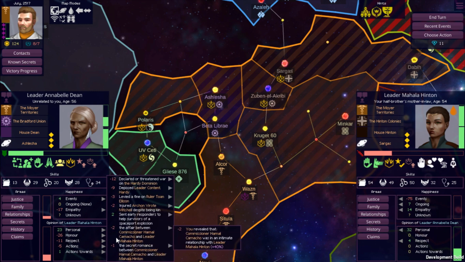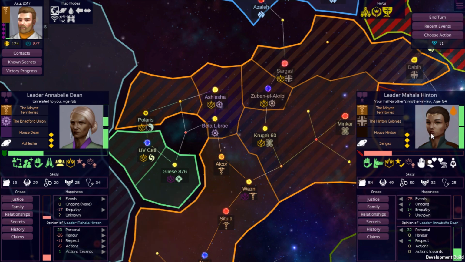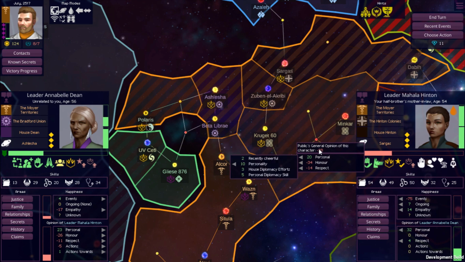And that boils down to the fact that leader Mahala Hinton has declared an unjustified war. She's tried to depose that ruler we've been talking about without a justification. She seems to have fined one of her rulers without a justification. These are all things that are considered immoral acts in this social system. So she's built up quite a negative perception of her within the general public.